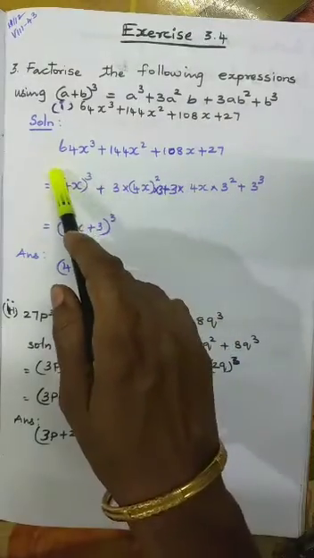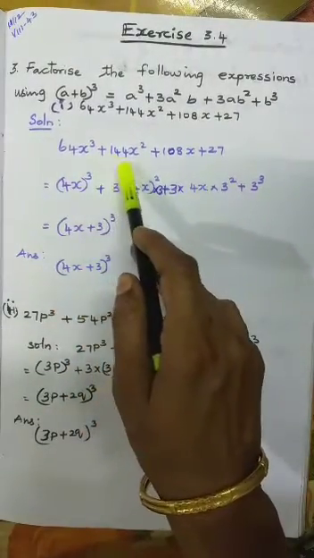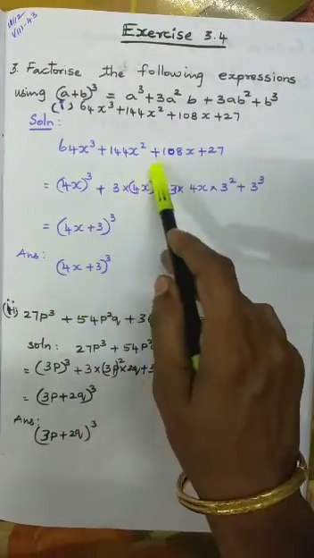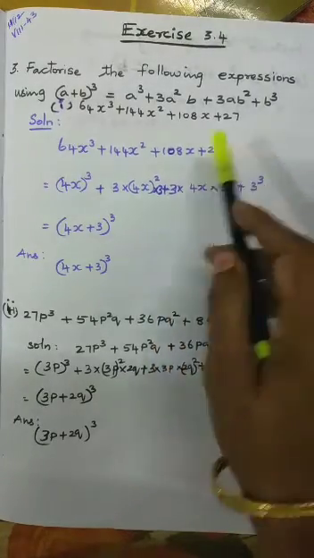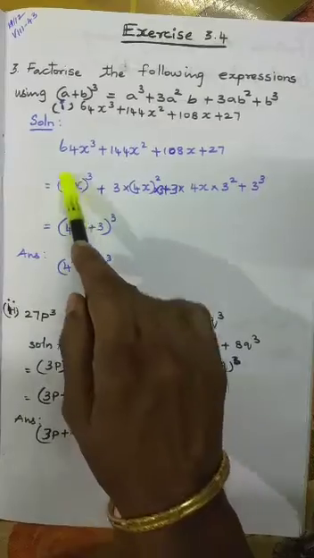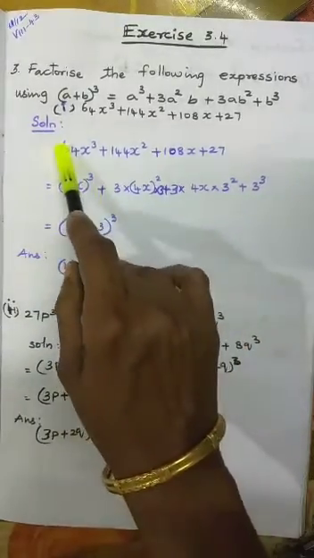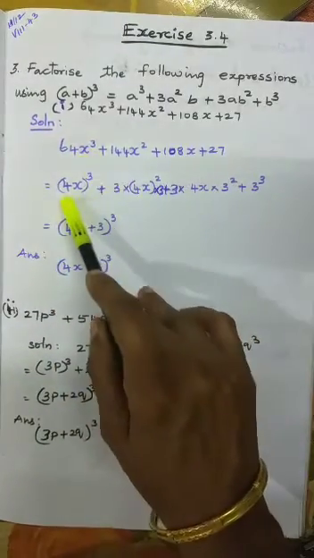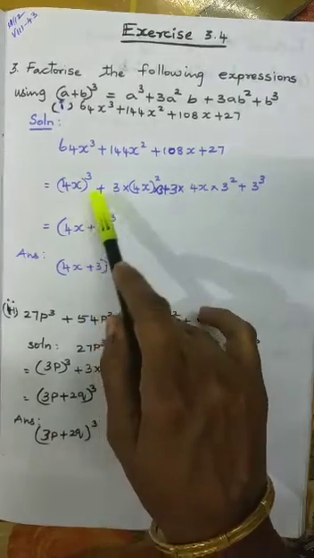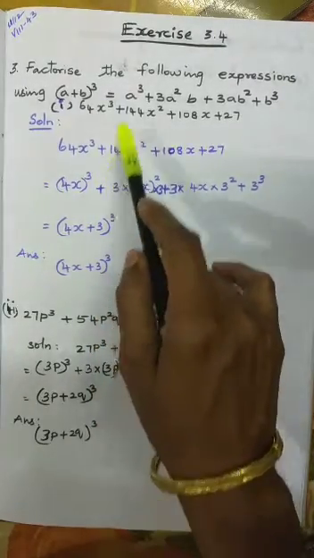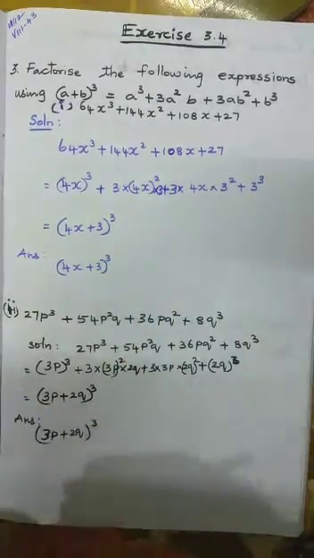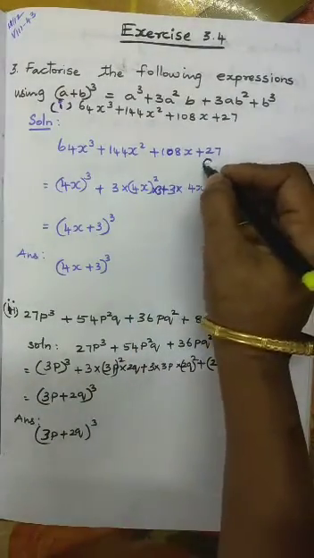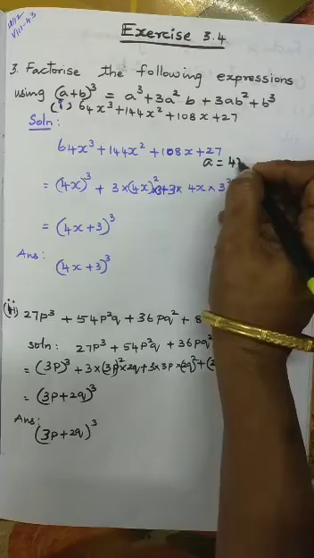Okay. What is the question? 64x cube plus 144x square plus 108x plus 27. So now (4x) the whole cube, because 4 cube x cube. So (4x) the whole cube plus 3 into, by the formula, 3 into a. What is a here? a is equal to 4x.